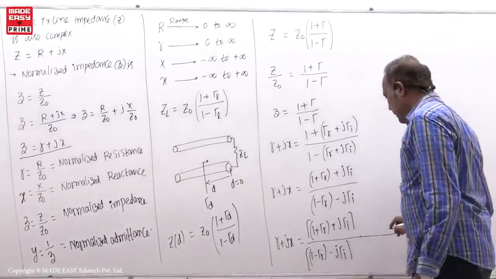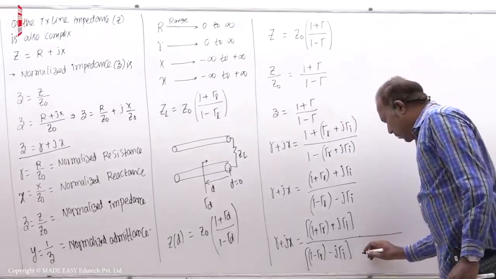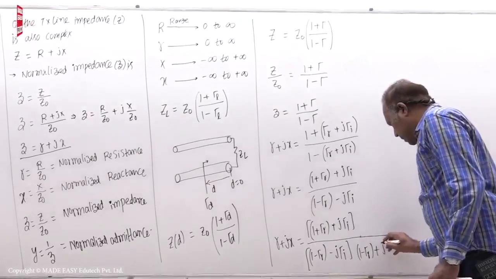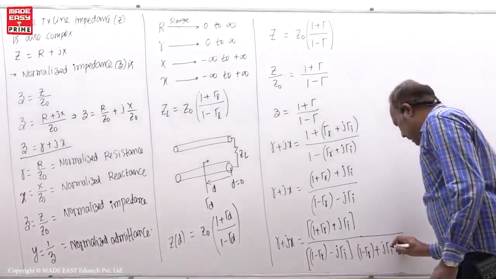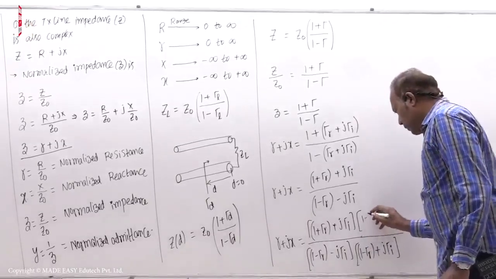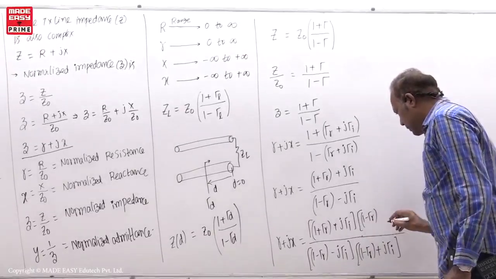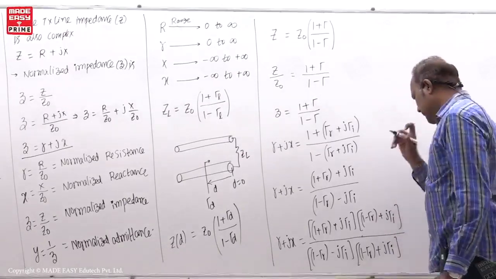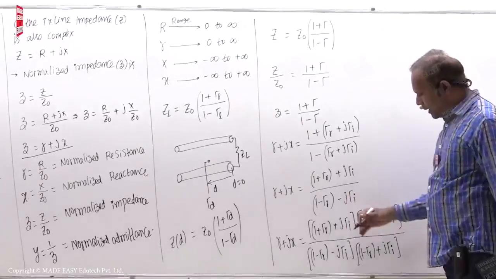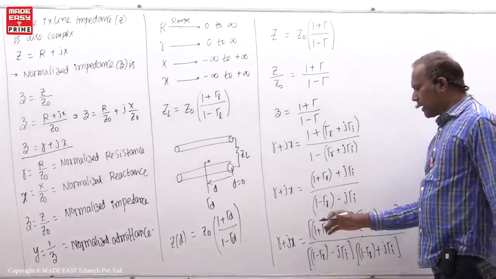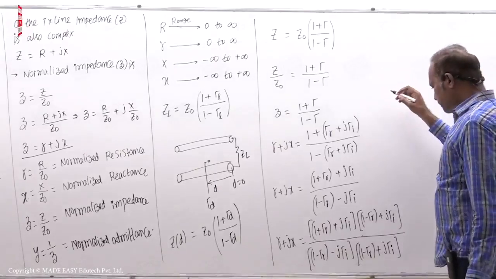Here, in numerator and denominator, multiply by the conjugate of the denominator, 1 minus gamma real plus j gamma imaginary, so that the denominator becomes real and we can separate the real and imaginary parts from this equation.